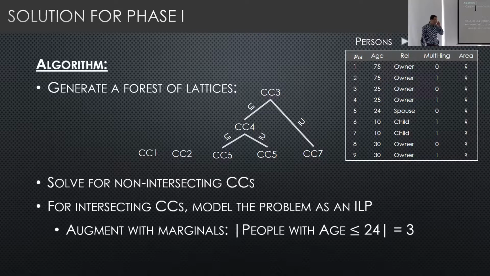And for the remaining CCs, we model the problem of completing them using the remaining tuples or rows in the table as an integer linear program, and we further augment this program with additional cardinality constraints called marginals, which we know from the existing attributes that we have in the join.